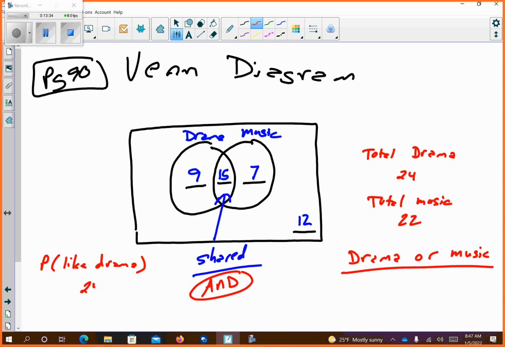So that's where you get the 24 as your numerator. But then you have to say, okay, how many people are we talking about? Okay, so I have 9 and 15. It's 24. 24 plus 7 is 31. 31 plus 12 is 43. Okay, so that's how they're generating that information.